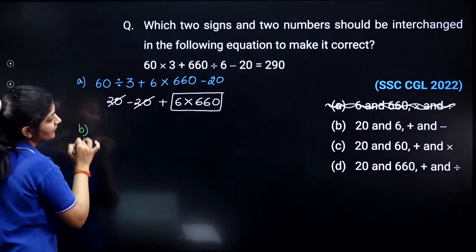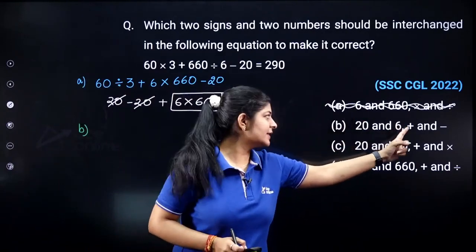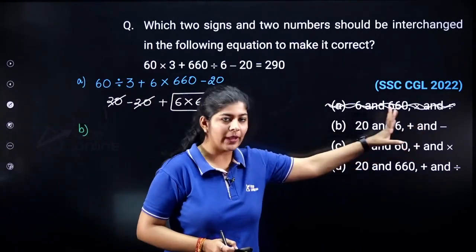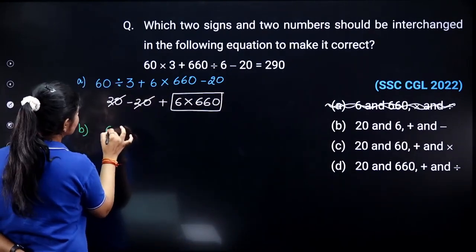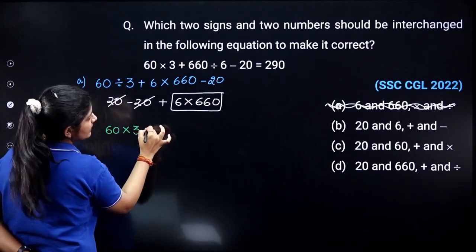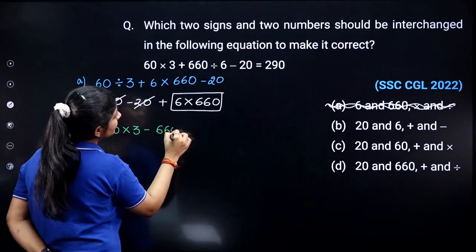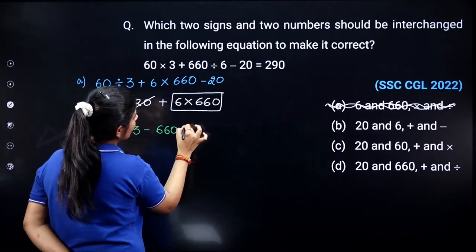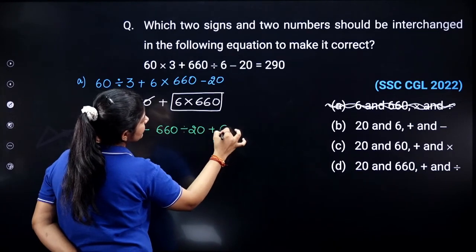Let's see option B. Here we need to convert 20 to 6 and vice versa, plus to minus and vice versa. So we have 60 into 3, plus is changed into minus, 660 divided by 20 plus 6.